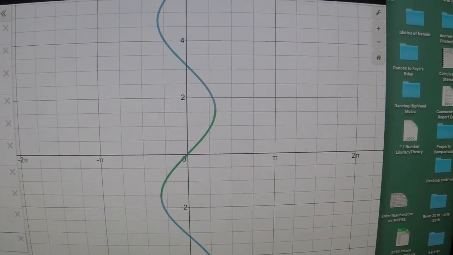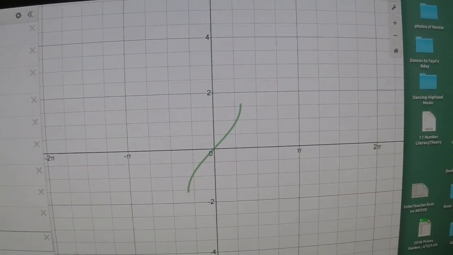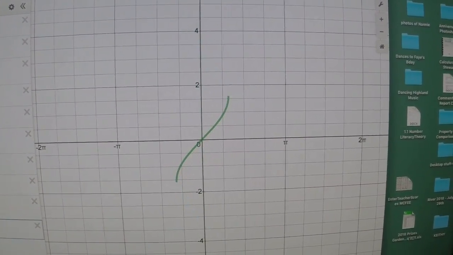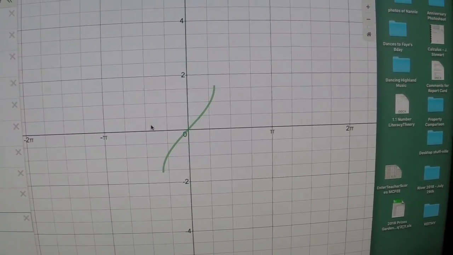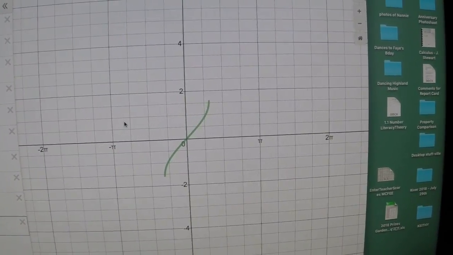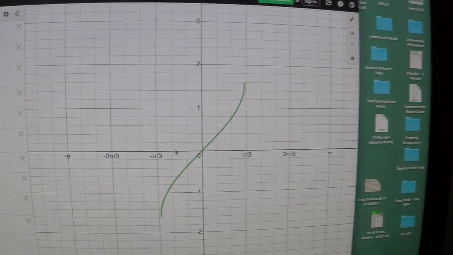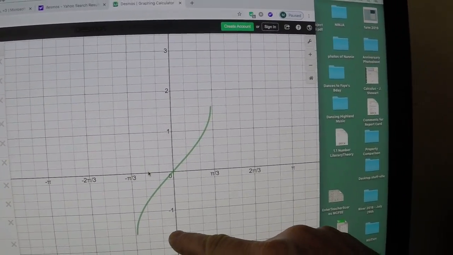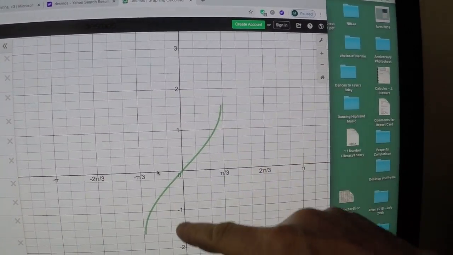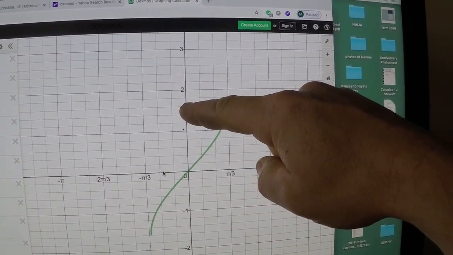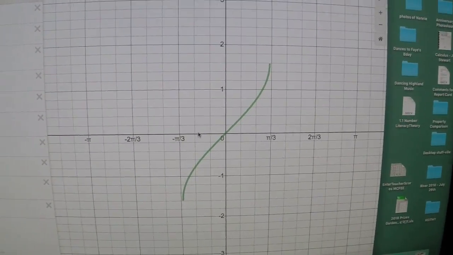See the green on top of there? I'll get rid of it. That's the part of the graph that they decided to keep. And that is between, if I zoom in, whoa, that is between, we'll talk in a minute, the intervals of the y-axis between pi over 2 and negative pi over 2.